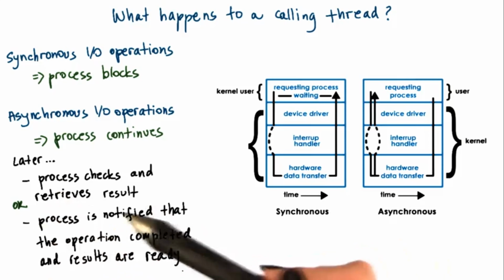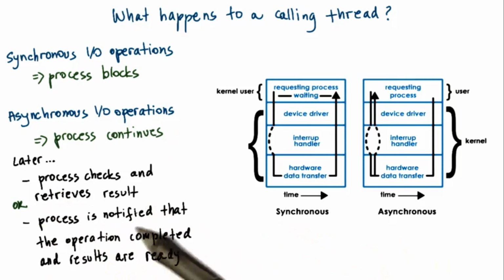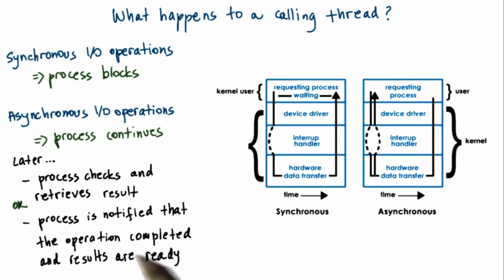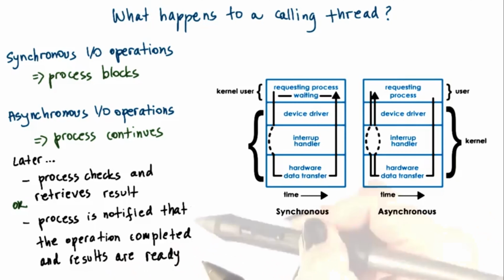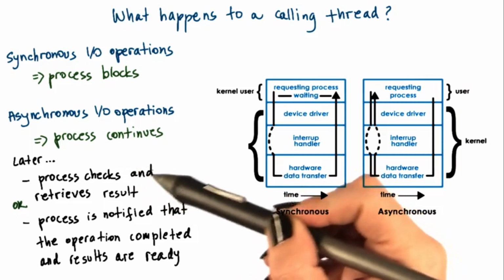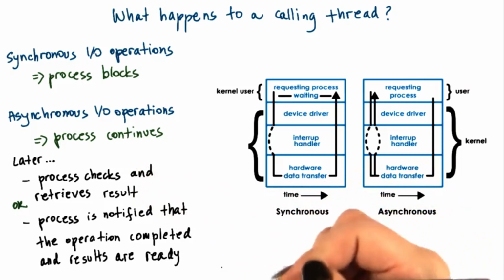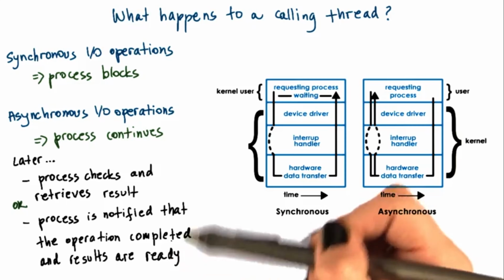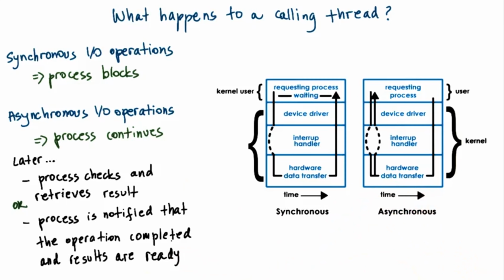Or perhaps at a later point, the process itself will be notified by the device or by the operating system that the operation has completed and that any results are ready and are available at a particular location. The benefit of this is that the process doesn't have to go and periodically check to see whether the results are available. This is somewhat analogous to the polling versus interrupt-based interface that we talked about earlier.